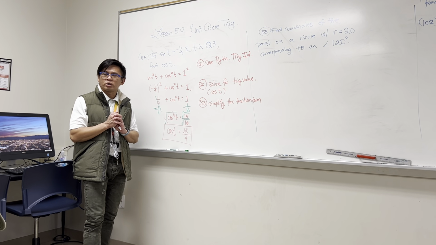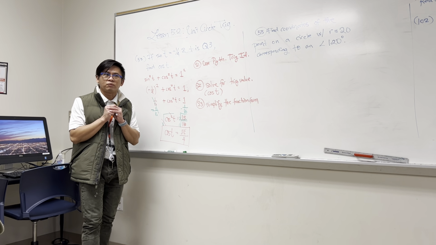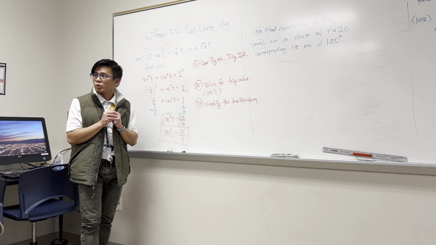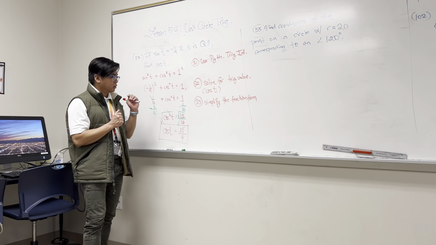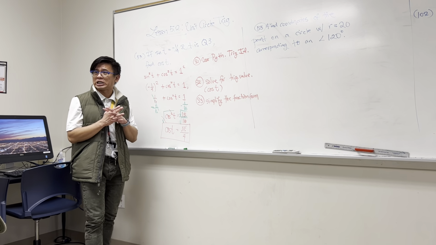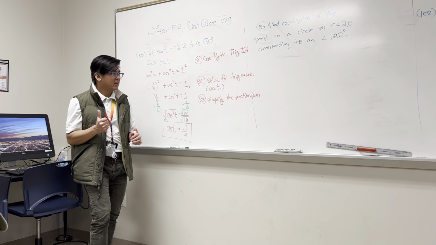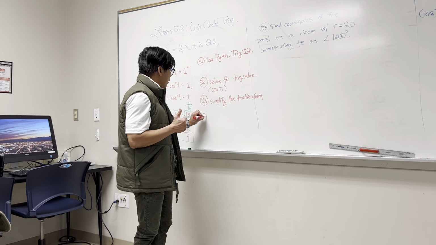So review your simplifying radicals technique. We good? Okay. So that's step number 3. Simplify. If it's in fraction form, definitely. If it's an integer, if it has no fraction, then there's no need to further simplify it. Are we good? Right? Next one, step number 4.